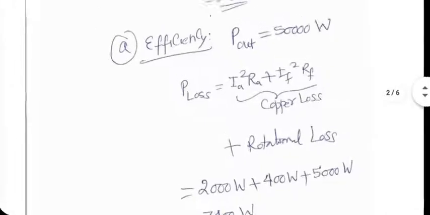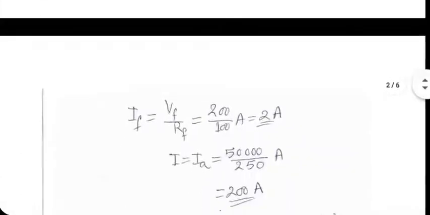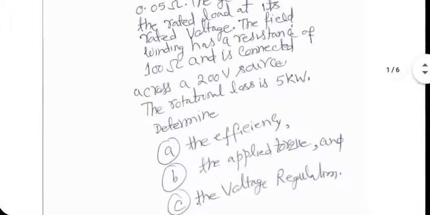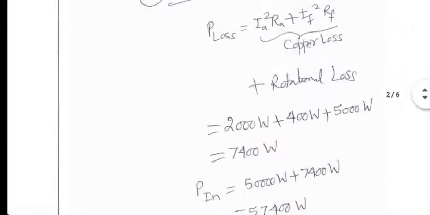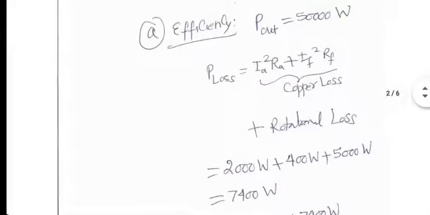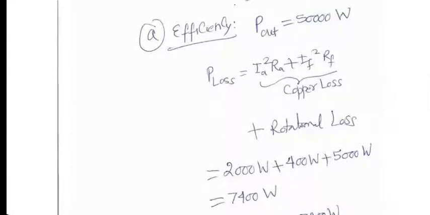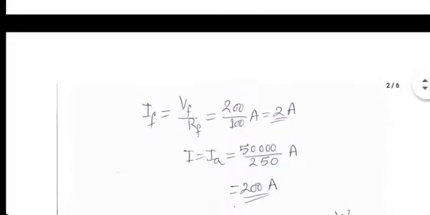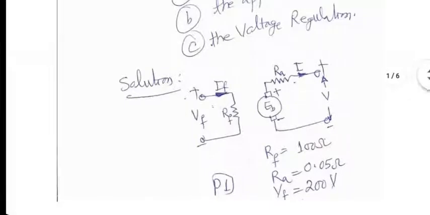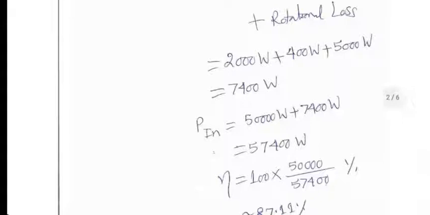Do the calculation. Ia is 200 amperes, right? So 200 into 200 multiplied by Ra. Ra is very small, 0.05 ohm. You would get 2000 watt. And then If squared Rf: If is 2 ampere, 2 into 2 is 4, multiplied by Rf, which is 100. So this is 400 watt. And then 5000 watt is the mechanical loss.